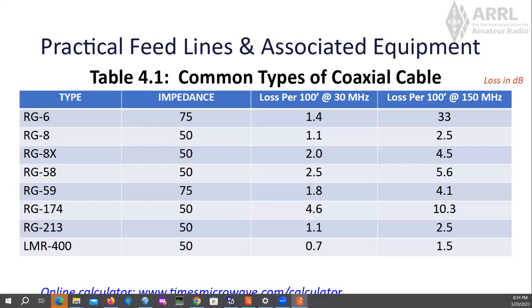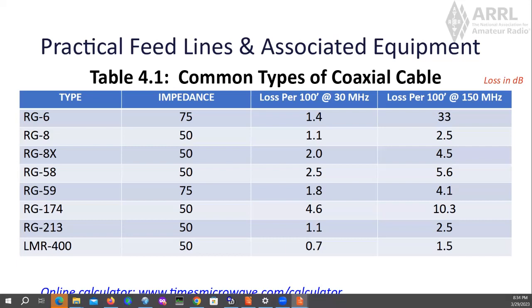Practical feed lines and associated equipment. Common types of coaxial cable. RG6, 75 ohms. It's what you use for TVs if you have cable, or you could use it to run to an external antenna.